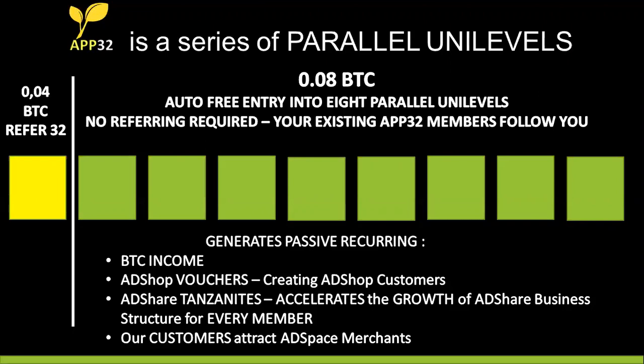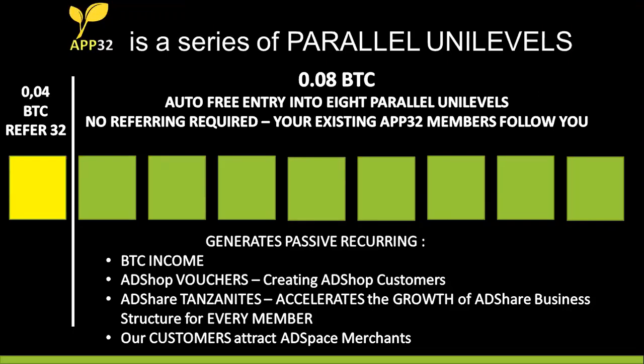And every single person that you've got in that first uni level of 0.04 will follow you into the next parallel uni level. So it's only filling up one uni level once, and you keep on earning. And there's eight 0.08 Bitcoin parallel uni levels after the 0.04.